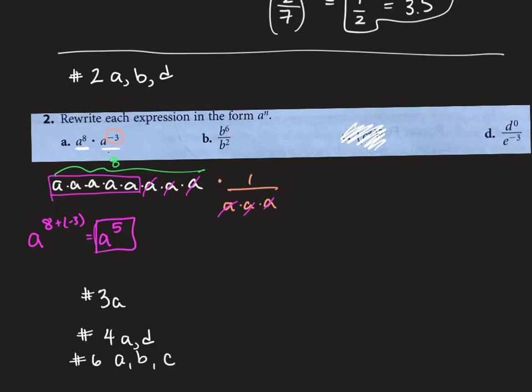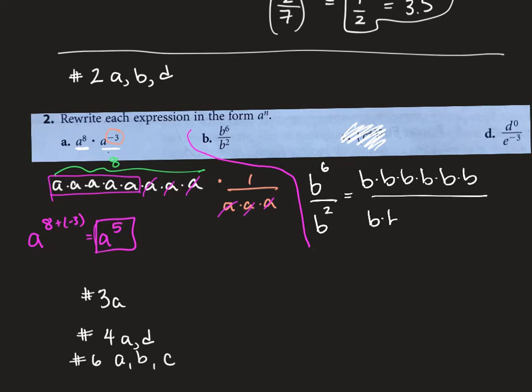Okay, so B to the 6th over B squared. We didn't talk about this in class, but I gave it to you anyways because I think you can figure it out. If you have B to the 6th over B to the 2nd power, this is 6 factors of B. So like 1, 2, 3, 4, 5, 6 over 2 factors of B. And 2 of those will end up simplifying, and you are left with 4 B's, so 4 factors of B is your answer.